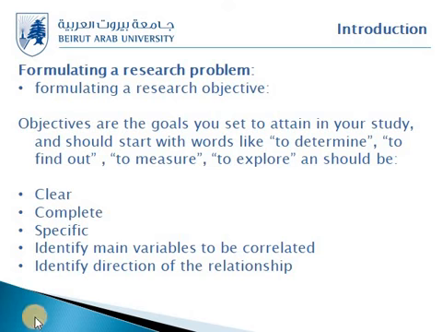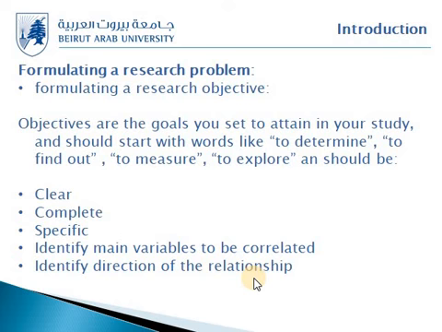Also, if your main purpose of the study is to test a certain hypothesis, the wording of the main objective should also indicate the direction of the relationship being tested. Example, to ascertain if an increase in youth unemployment will increase the incidence of crime on streets.